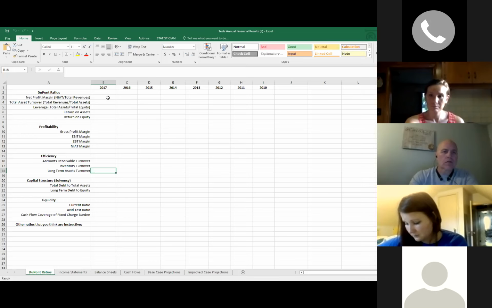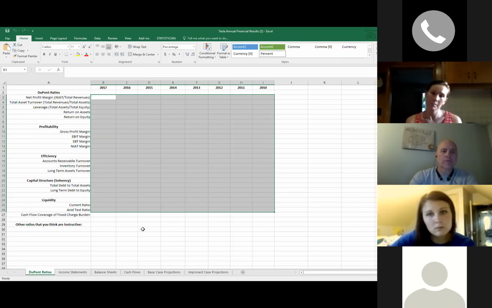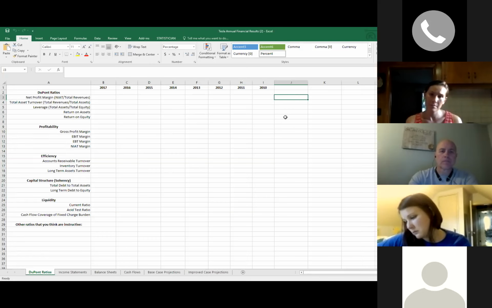Well, what I would want to see is certainly down through these and any other things that you think are instructive, the actual ratio calculations for Tesla. And then, as you'll note if you look at the expectations for this portion of the assignment, it asks you to generate at least 3 graphs that illustrate trends that are underway at Tesla that you think are important for your audience to understand.